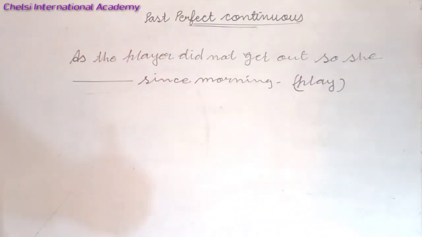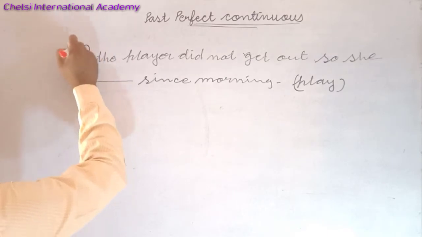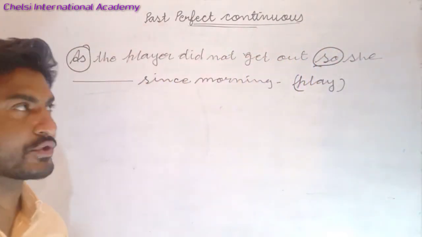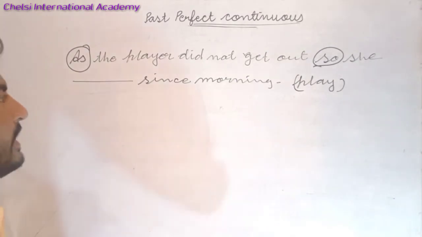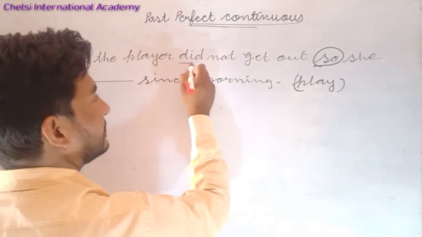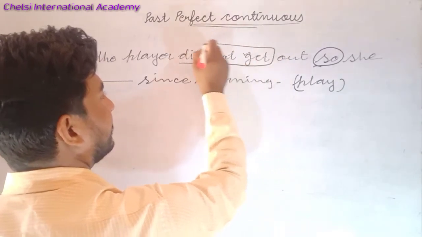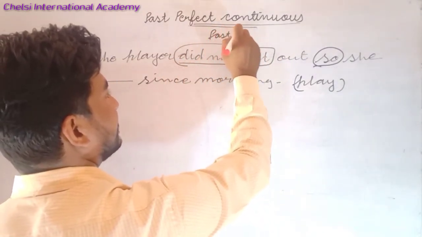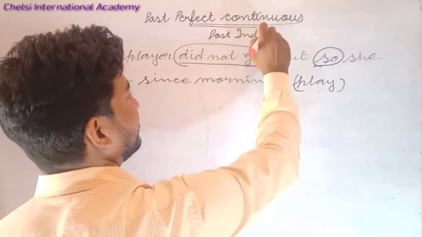When we read this sentence, we saw as and so, and we have seen here did not plus first verb. That means past indefinite tense.